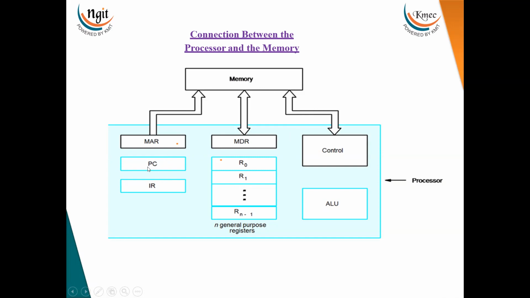Now PC is the program counter, which holds the starting address of the program. Now, what is a program? A program is a set of instructions. If you consider these lines as different types of instructions, this is completely called one program.